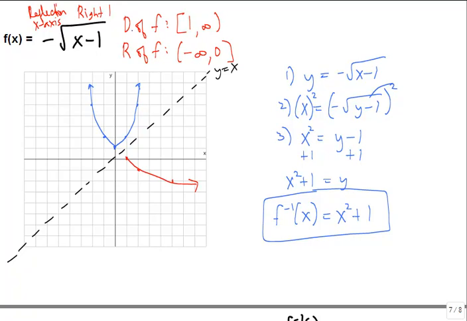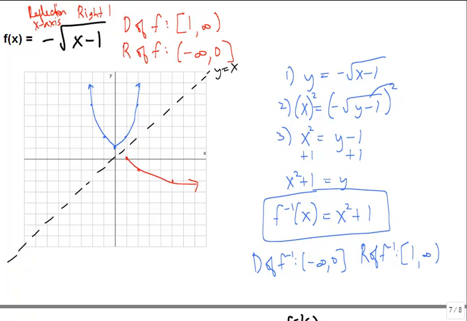So if the domain of the original function f was 1 to infinity, then the range of f inverse would have to be 1 to infinity. If the range of f was minus infinity to 0, then the domain of f inverse would have to be minus infinity to 0.